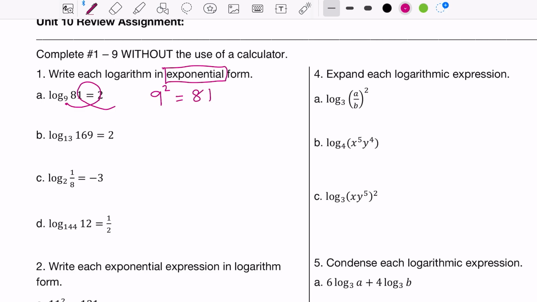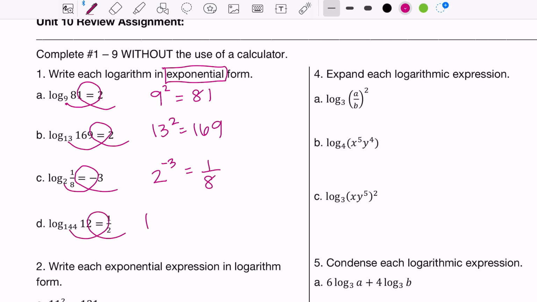Same thing here, 13 to the second power equals 169. 2 to the negative 3 equals 1/8. And then 144 to the 1/2 equals 12. Okay, this is just converting. It is not having to evaluate or simplify, so just let it be when you're done with that.